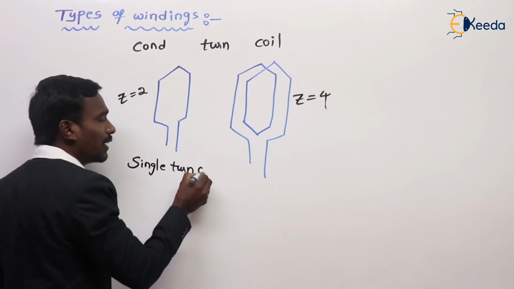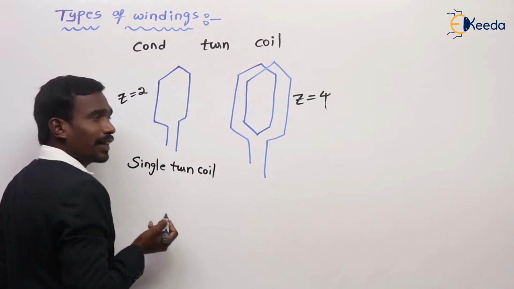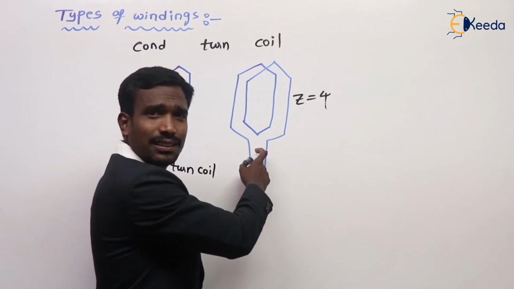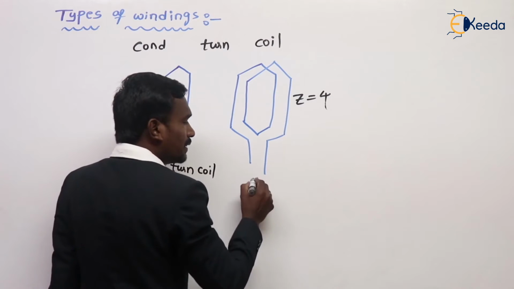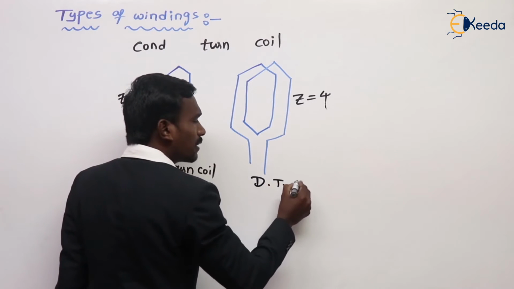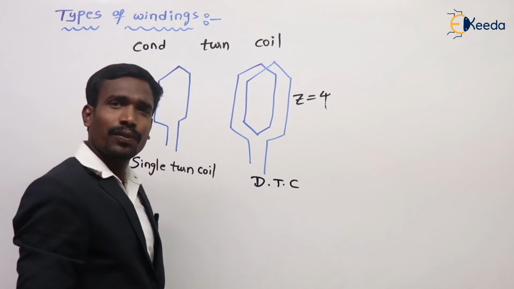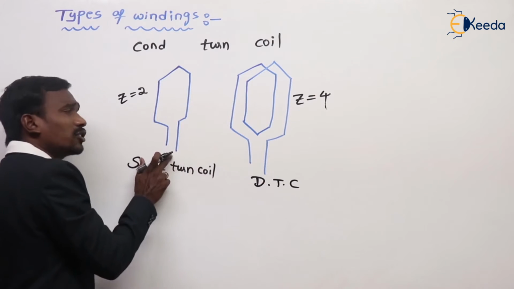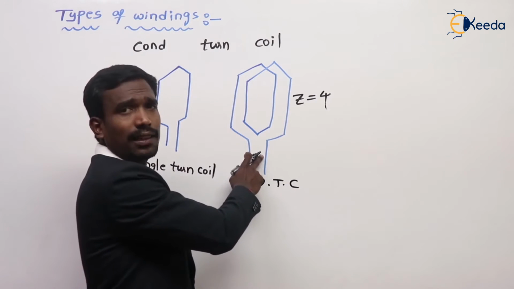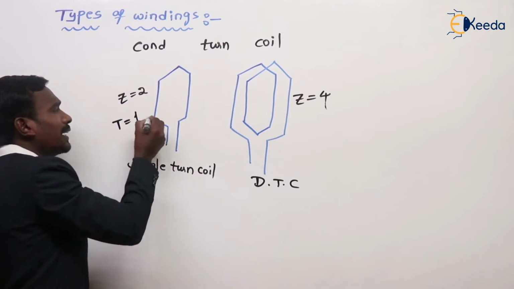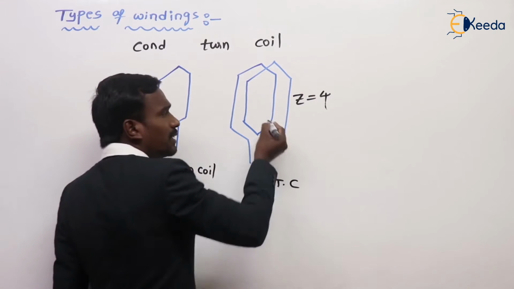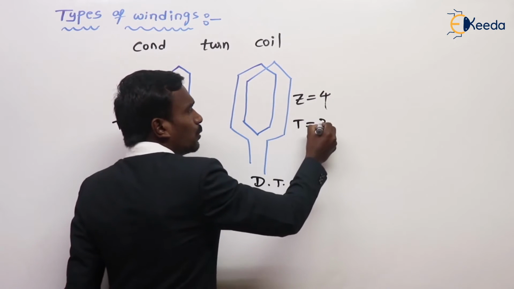When this is called a single turn coil, then this is a double turn coil. Nothing but this is also a coil, this is also a coil. But in this coil, we have only single turn. But in this coil, we have two turns.